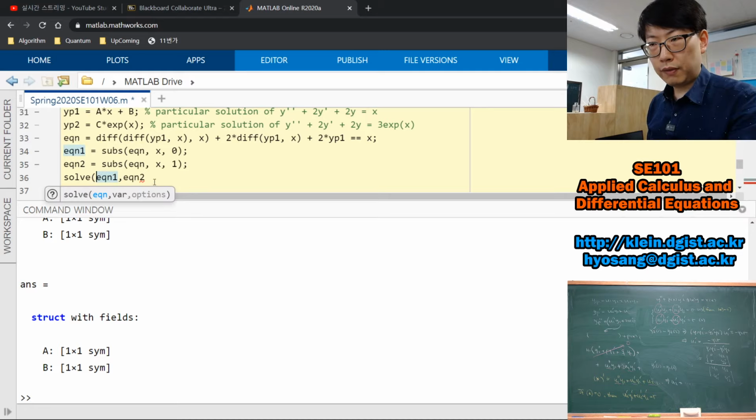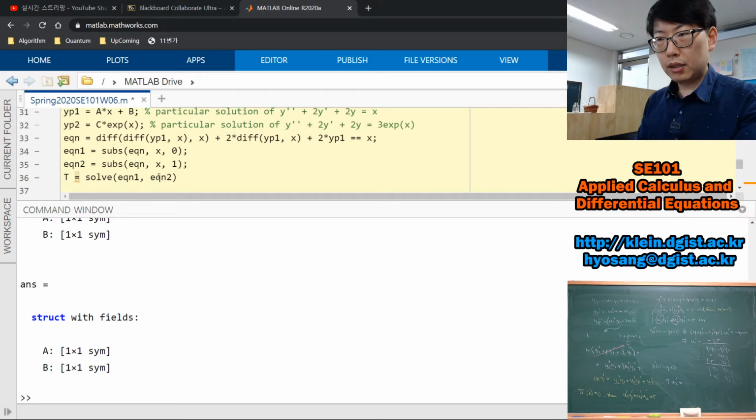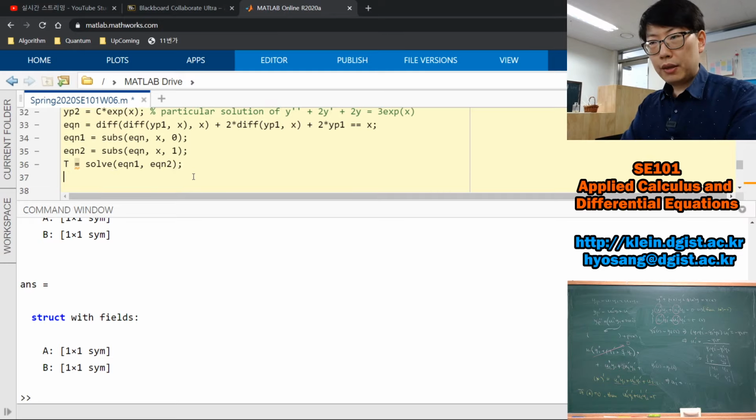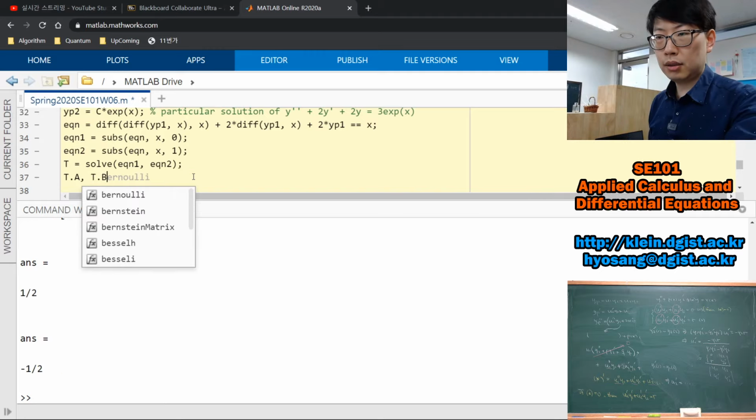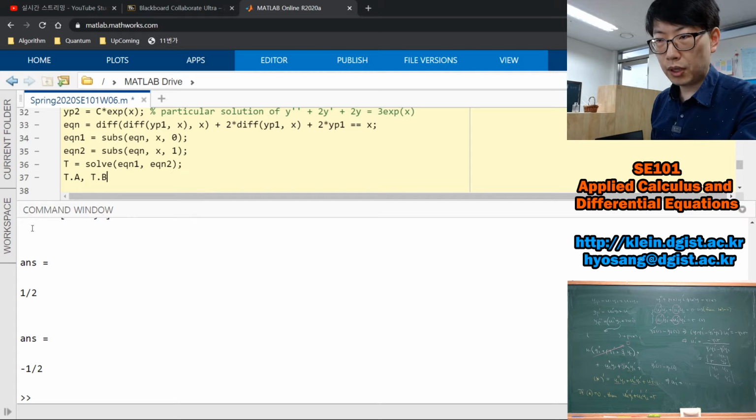So in order to actually find the exact value of this solution, let's save the result of the solve command to t. Okay, t is just a variable, any variable. And if I want to retrieve the value of a and the value of b, I can simply take t dot a, t dot b.